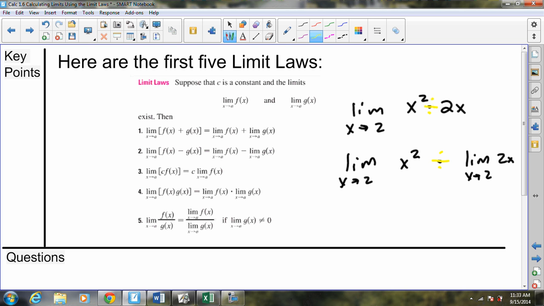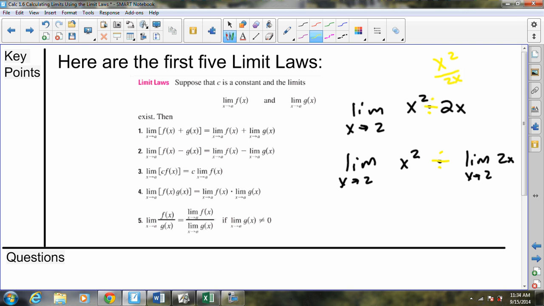If this were division, generally it would be written x squared over 2x instead of using the divide symbol. Yes, Scotty asked if C is a constant. That is correct. So the short version is, if you have functions where you're adding, subtracting, multiplying, dividing, you can just split them up into add, subtract, multiply, divide of the limits.